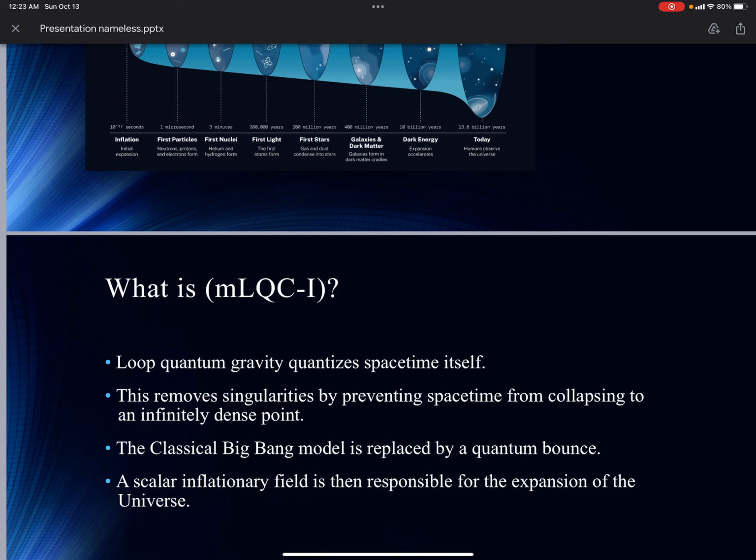And the universe eventually bounces, and that's the point where the universe is no longer contracting down, but rather expanding. So we no longer have this infinitely dense point like we do with general relativity.